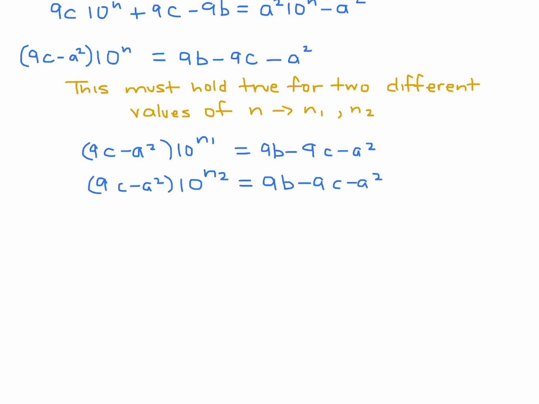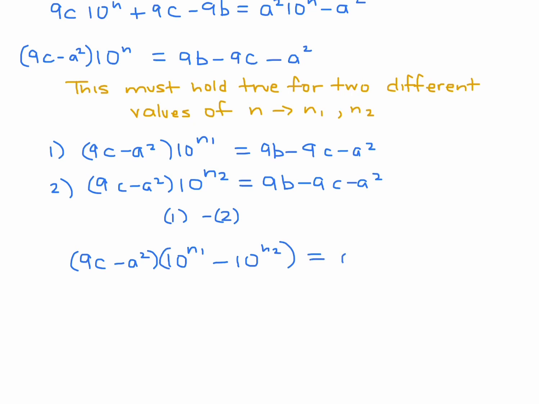Because both of them have to be equivalent. You're going to have this equation holding true for two values of n. So I'll call those equations 1 and 2. And then at this point, what I'm going to do is subtract them. 1 minus 2. So 1 minus 2 would give me 9c minus a squared times 10 to the n1 minus 10 to the n2. And on the other side, it basically becomes 0.